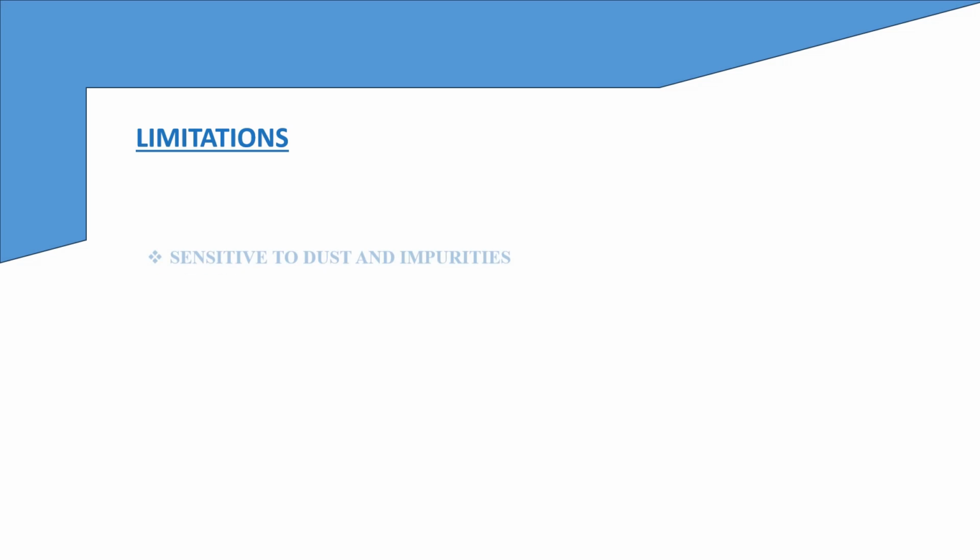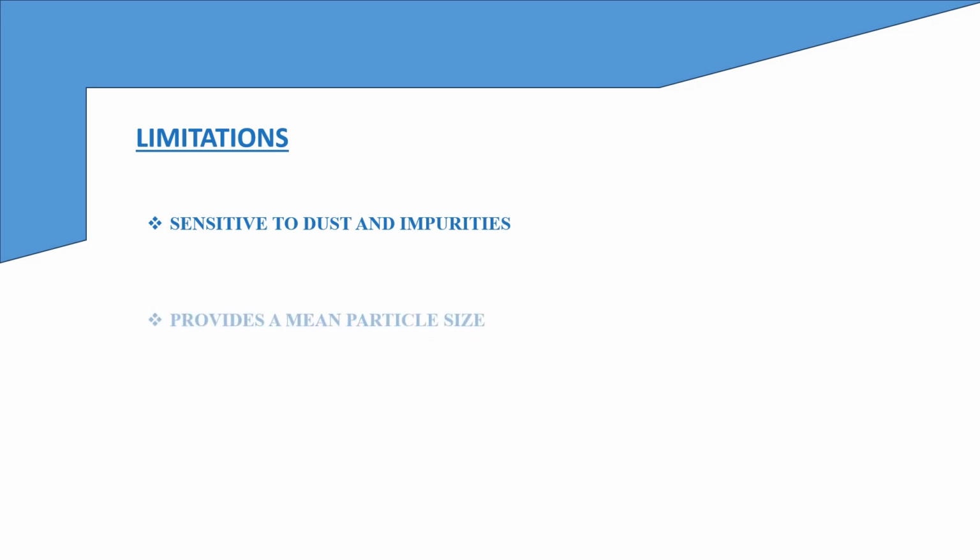However, there are limitations of a Zetasizer too, some of them being that the Zetasizer is sensitive to dust and impurities. It has high initial costs and maintenance expenses which may not be feasible for all laboratories. It provides mean particle size.